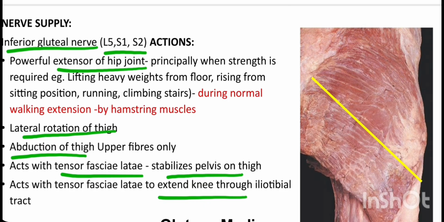So the two main functions of the gluteus maximus muscle are extension of the hip joint and lateral rotation of the thigh. It is supplied by the inferior gluteal nerve, L5, S1 and S2.